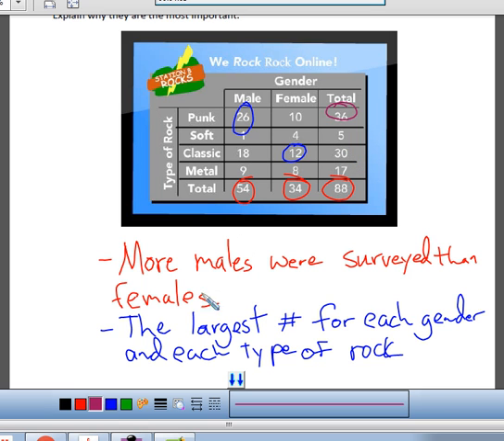Another interesting fact that someone might point out is that soft rock seems to be the lowest for both genders and the lowest total. So answering the question up above really could be done a bunch of different ways, but the bottom line is all of it comes from the information that's in the table. You can look at this table, identify the numbers that you see, and say what they mean or talk about what that could be.